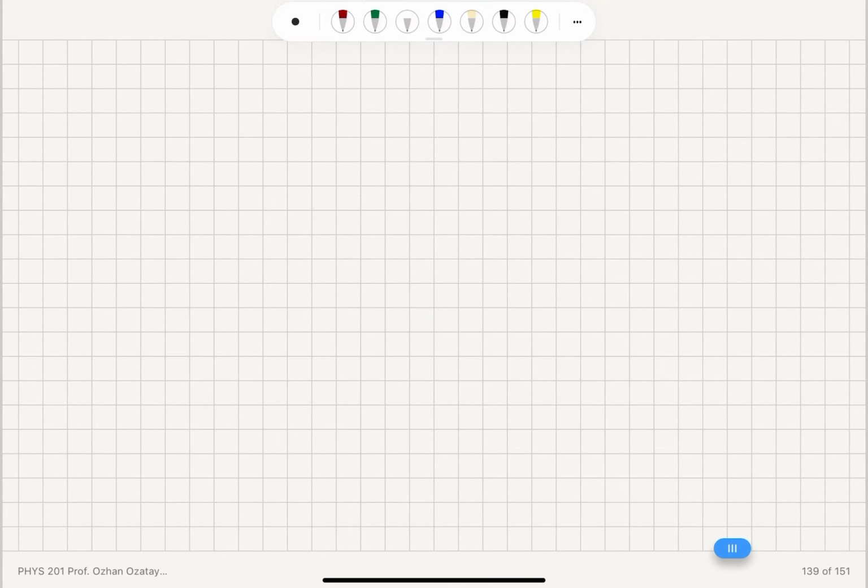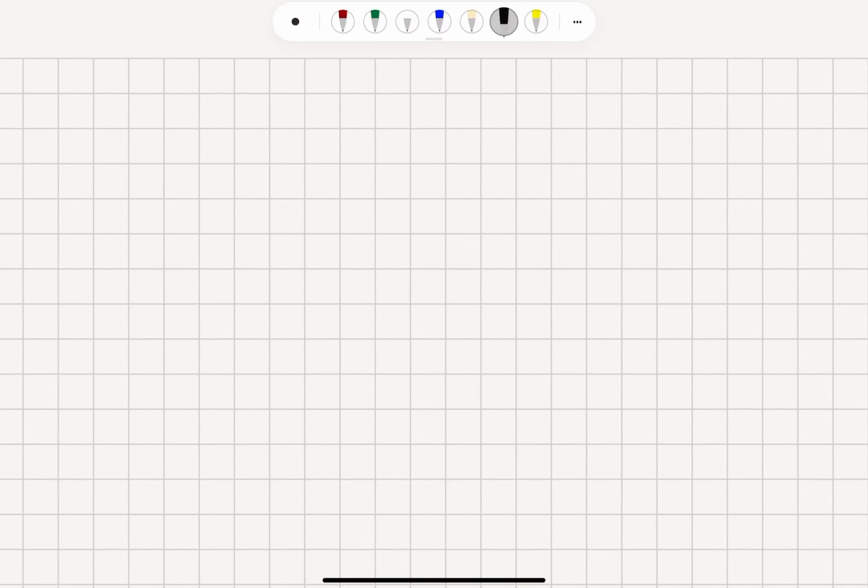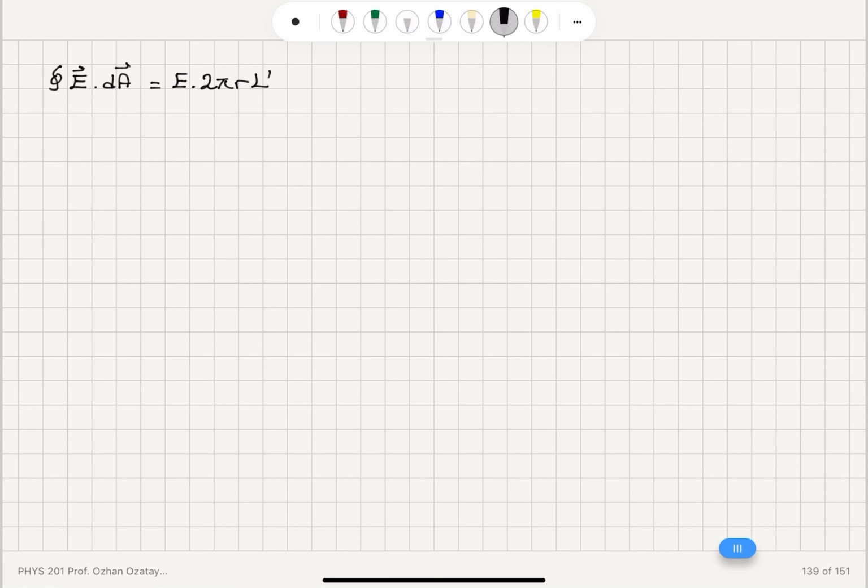So I'm going to write Gauss law. Closed surface integral of electric field dot product with the area vector dA. This is going to be E times 2 pi r L prime. Why?